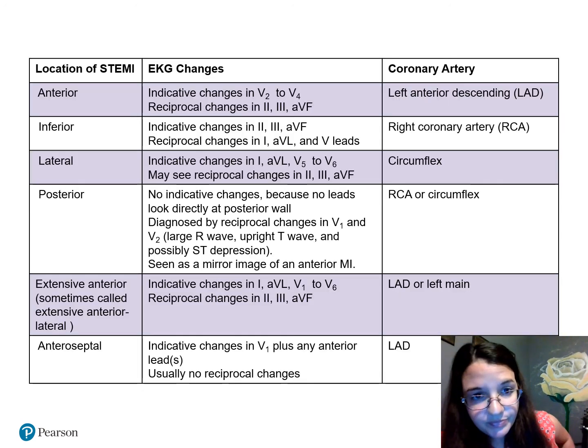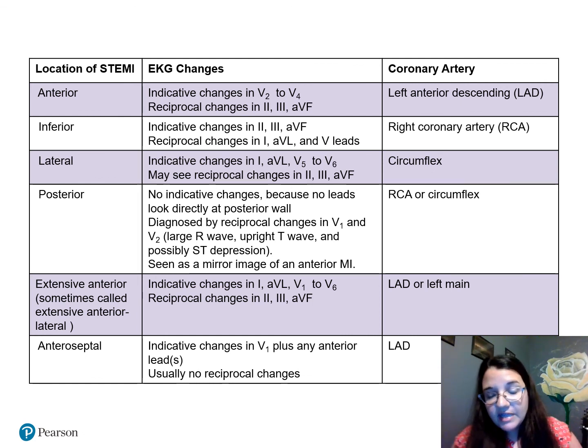So we're still talking about your left ventricle, and we're talking about the walls and their reciprocal changes. Reciprocal means opposite. So if I am seeing ST elevation in V2 to V4, I am going to see its opposite in leads 2, 3, and AVF.